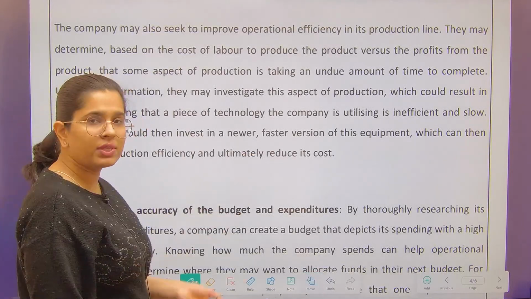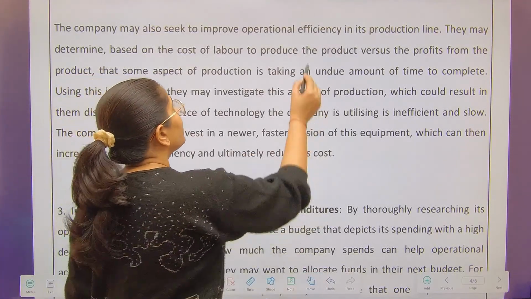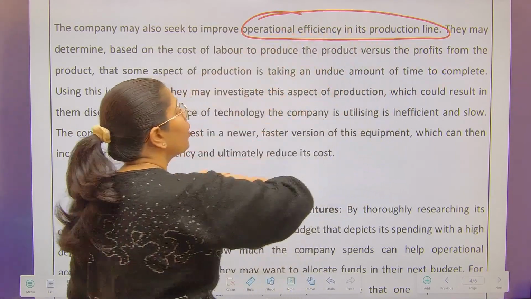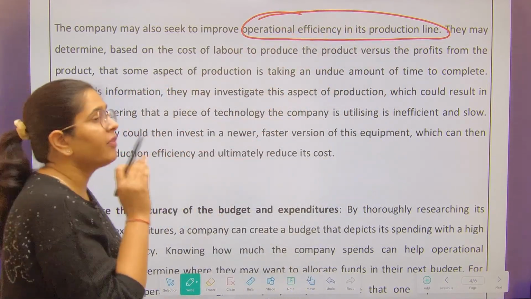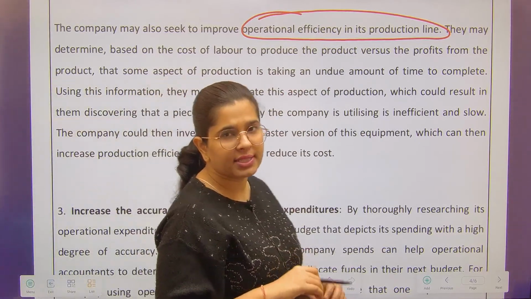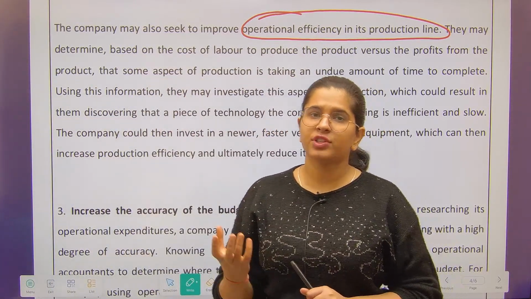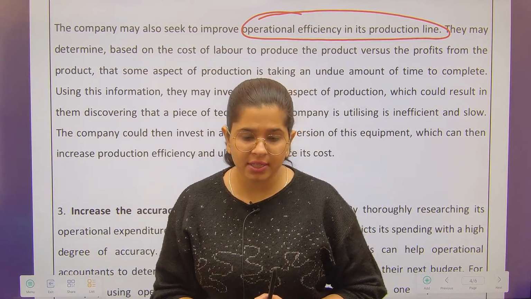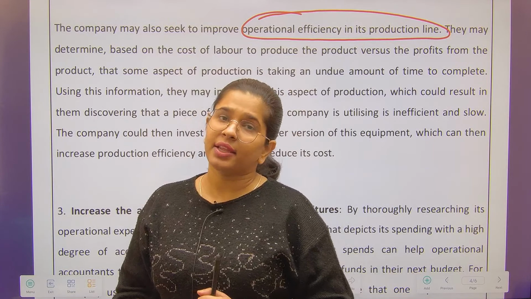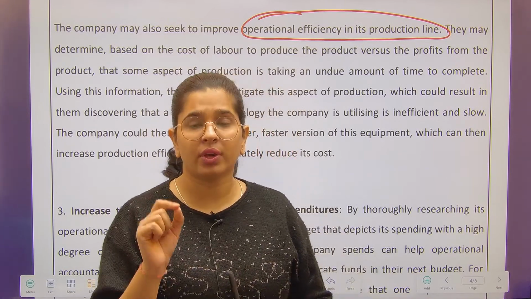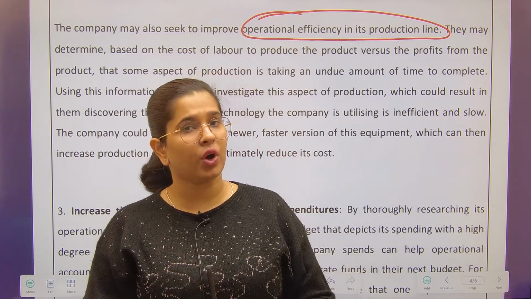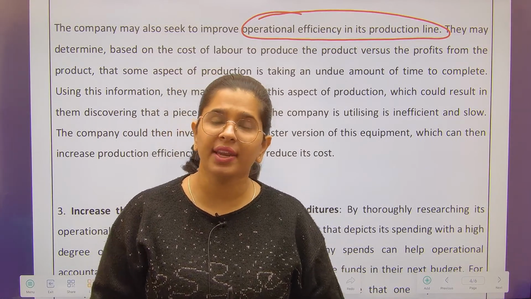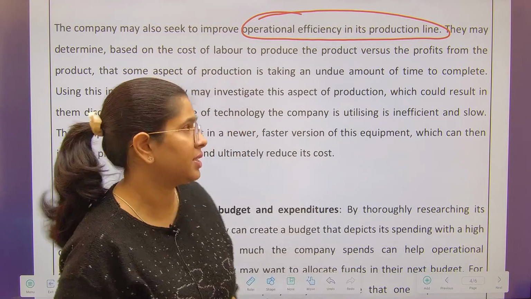Apart from obviously removing human error, you can also find out what the inefficiency in your production line is. If there are any bottlenecks, suppose any raw material which you require in production is in short supply, then you can easily pinpoint that, okay, we need this raw material and we do not have it, and that is how you can remove inefficiencies from your process.